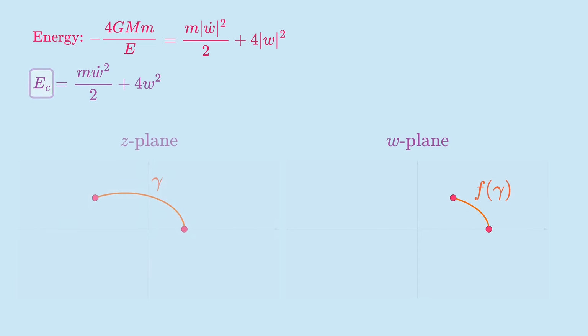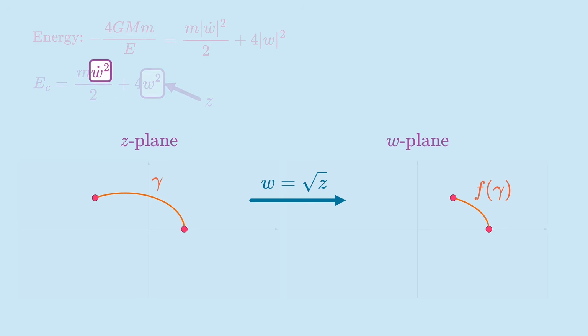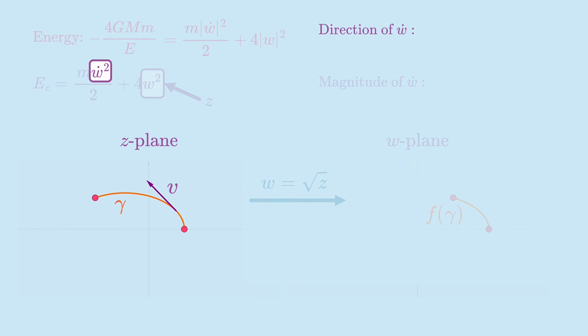Since w is the square root of z, we can immediately replace this w squared as z. The difficult bit is the velocity of w, but we can calculate its direction and magnitude separately. Suppose the original velocity on the z-plane is v, a complex number to encode the direction.